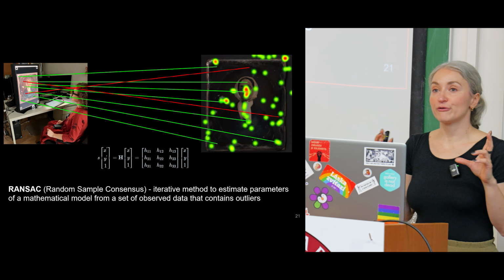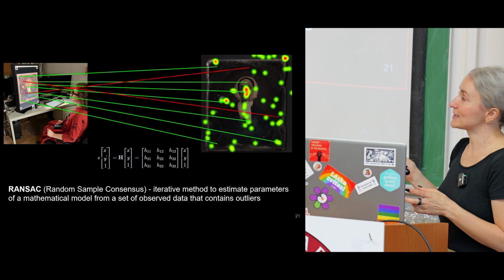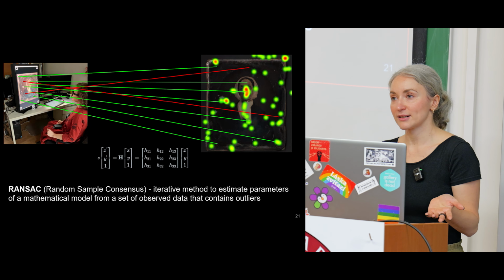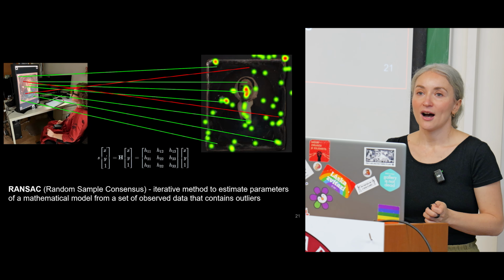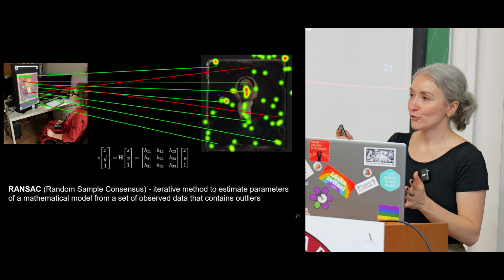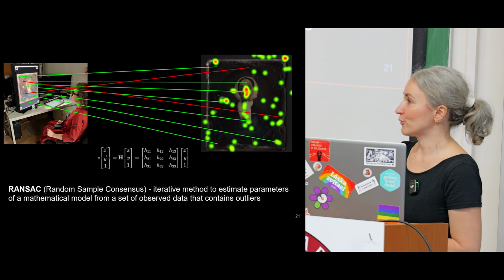Okay, so we don't have 4 stable correspondences, but we can have a lot of correspondences with some possible outliers. So what can we do? We can use RANSAC. I don't know if all of you are familiar with this method, but we will go just briefly through it.